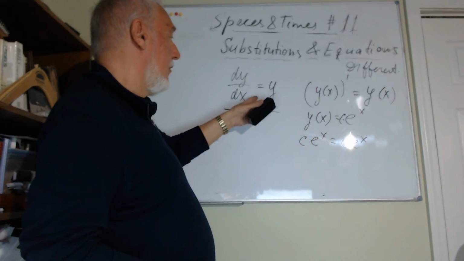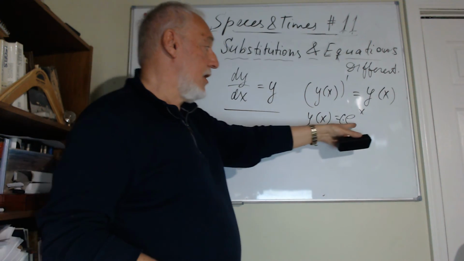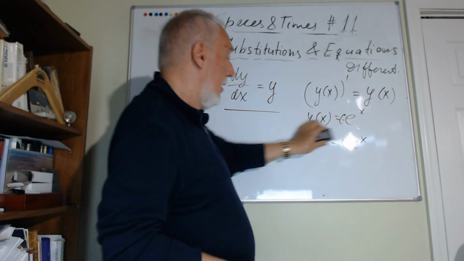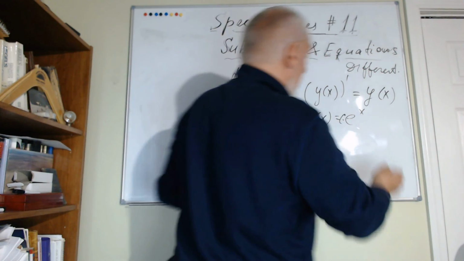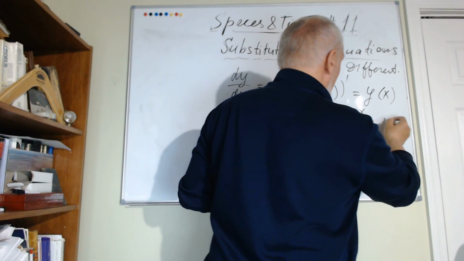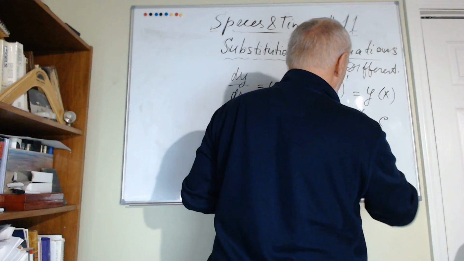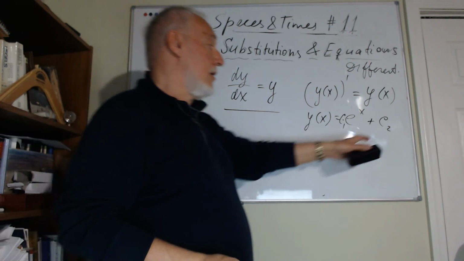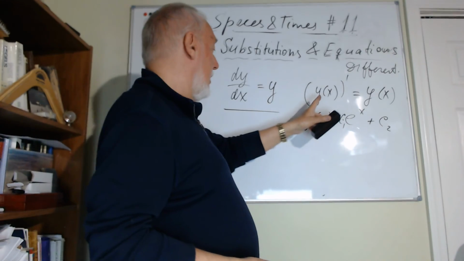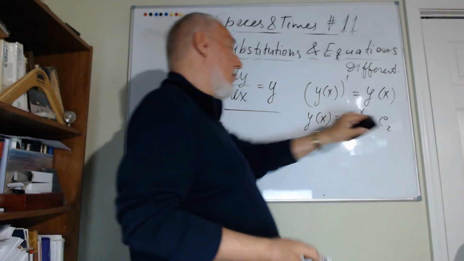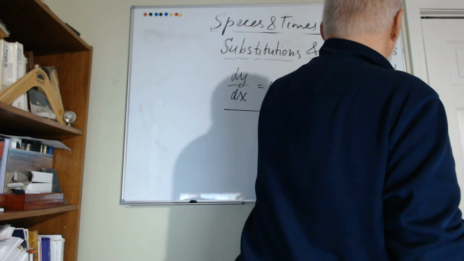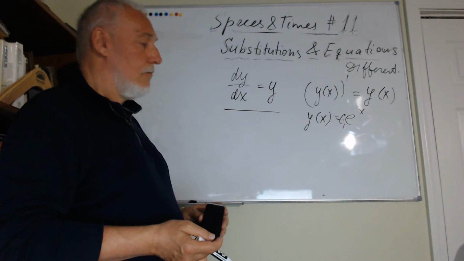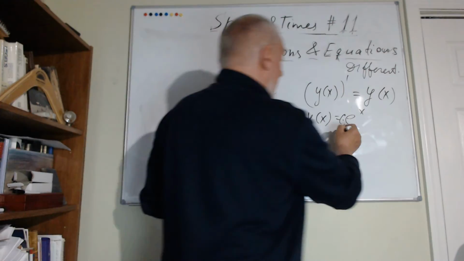It will still be a solution. Not only e to the power of x, but also c multiplied by e to the x. So this is c1, and this is c2, another constant here, because when you take the derivative, no, here it cannot be. I'm sorry, that's a different thing. So this is the solution now.